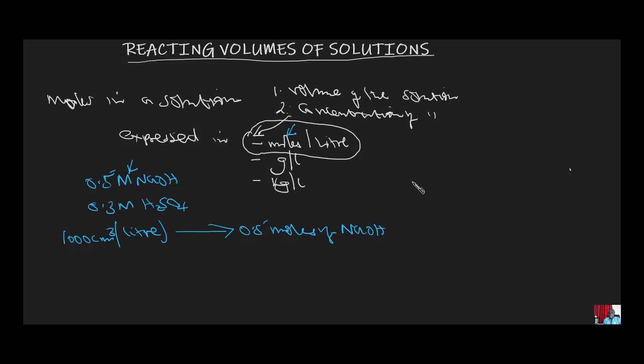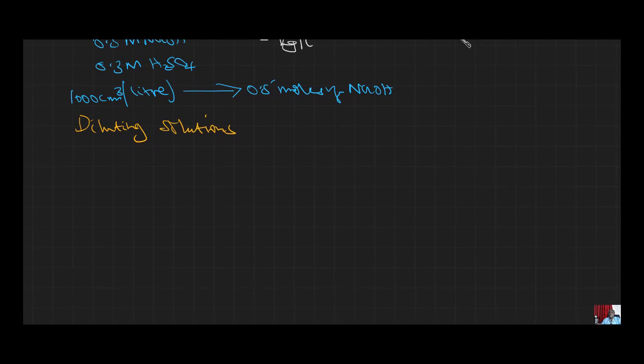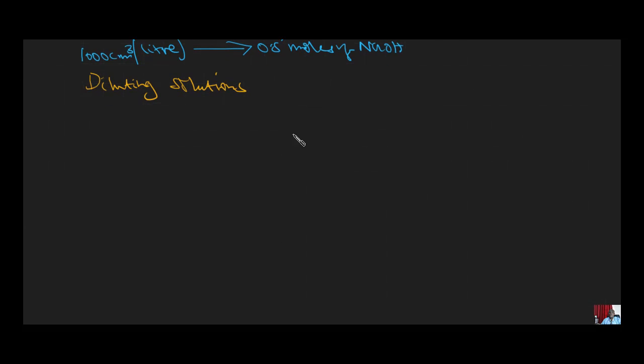The first thing I will talk about is how we dilute solutions, diluting molar solutions. I want us to dilute two solutions here, theoretically, although we can still do it practically, and we see how we dilute solutions.